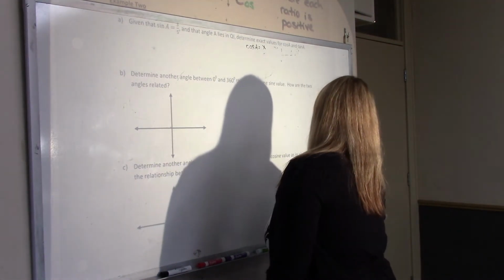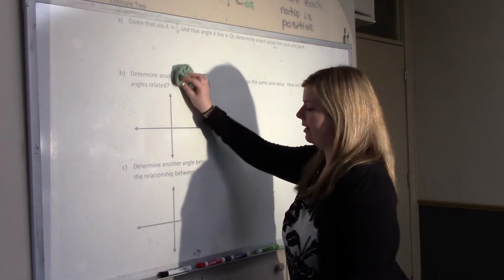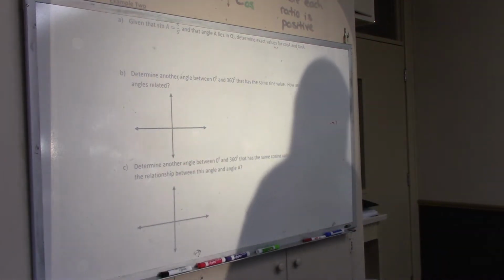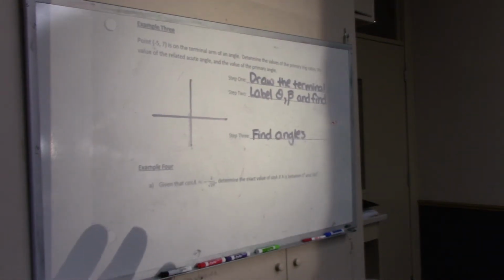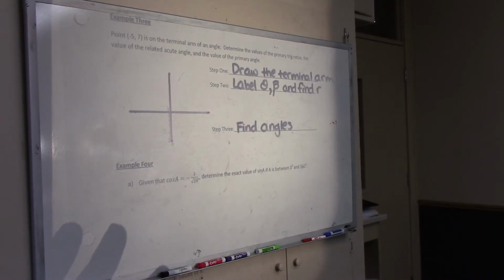So it's very important that you know how to determine where each ratio is positive or negative. That's key to understanding the rest of this. All right, 2 more examples. I know this is a long one, but it's a lot of stuff to understand.